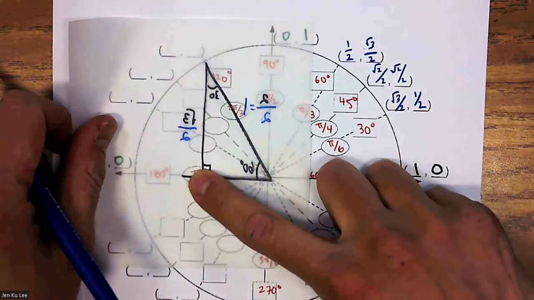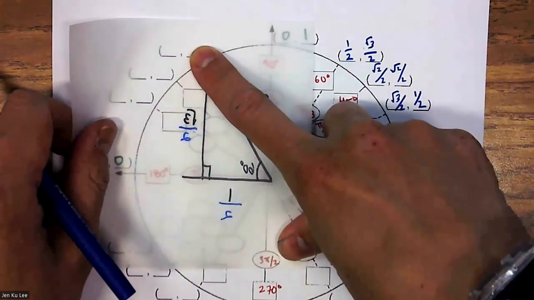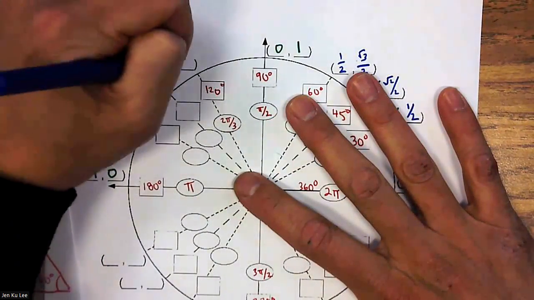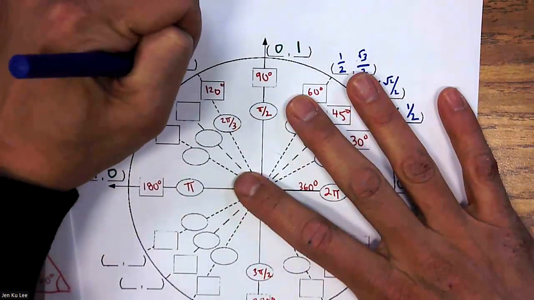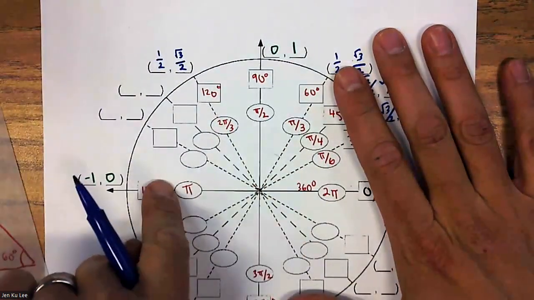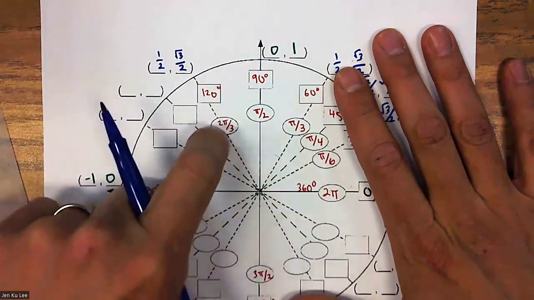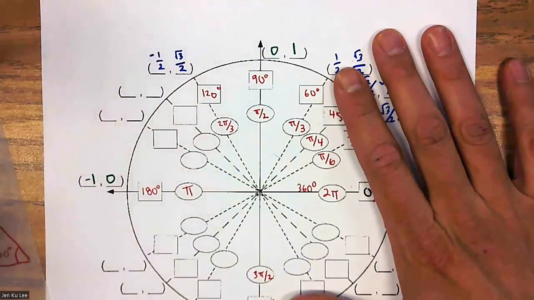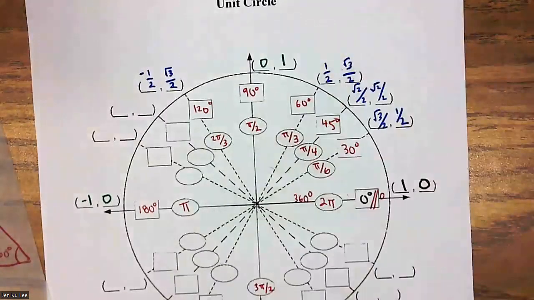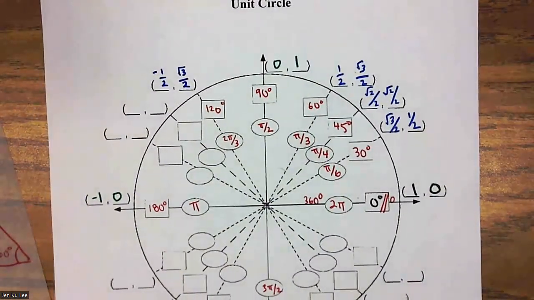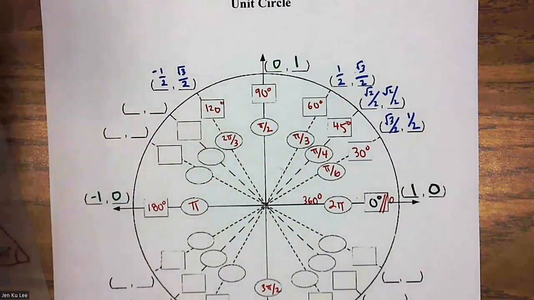So it's going to be 1/2 and square root of 3 over 2. But since I went to the left, my x is negative. That make sense?